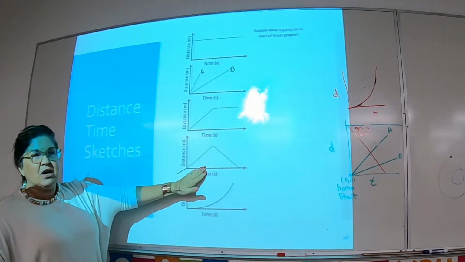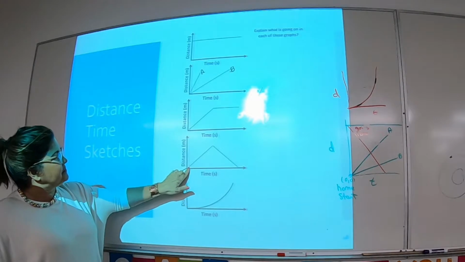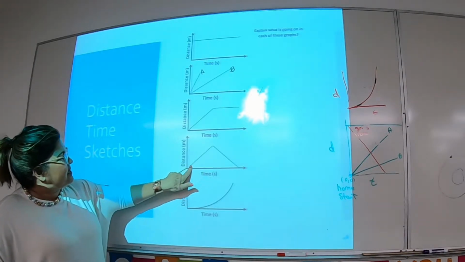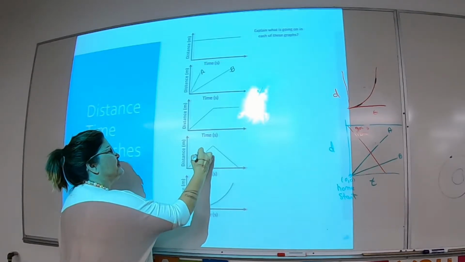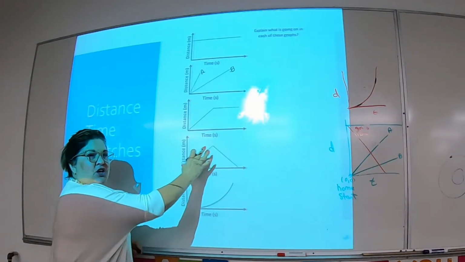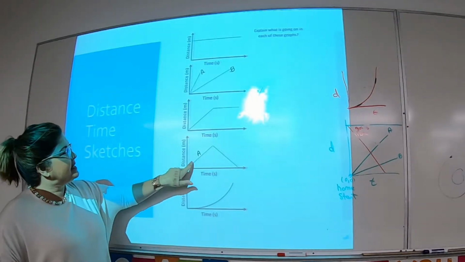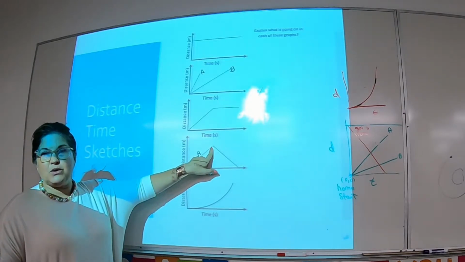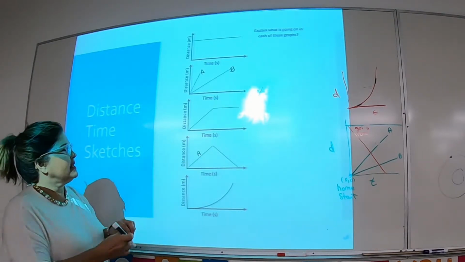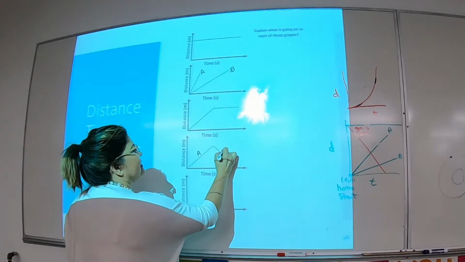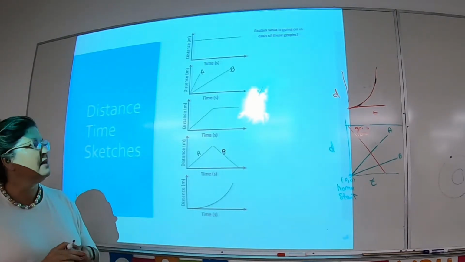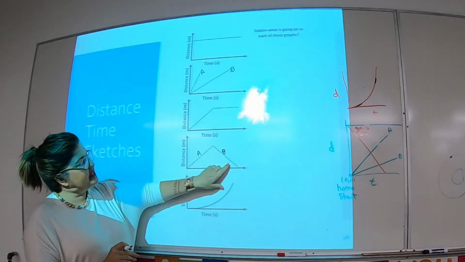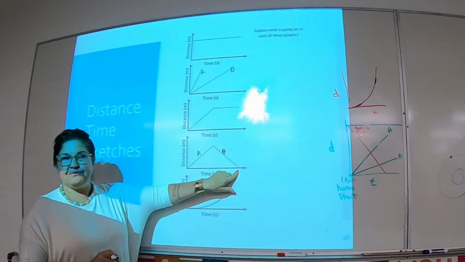Here, what do we have going on? Acceleration and deceleration. Here we have the first part is a constant speed, but the object is going away from home. The B is a constant speed because it's a straight line, but the object is moving towards home.